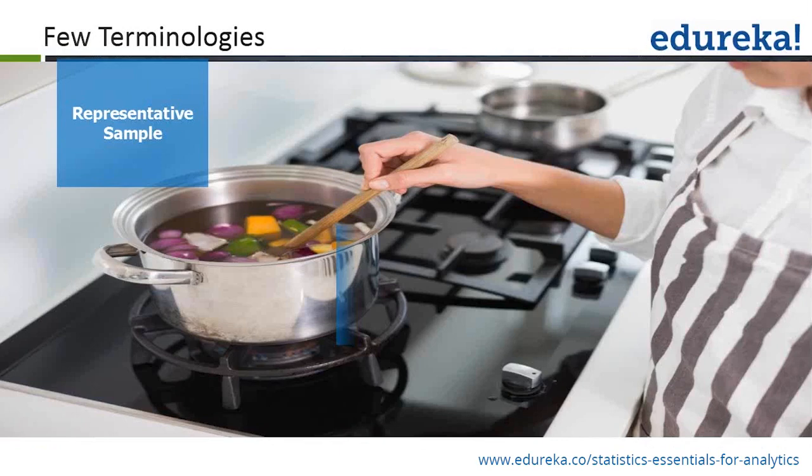So the teaspoon of soup that you take to test, the teaspoon of soup that you took, is called the representative sample. And checking whether the soup has salt in it or not is referred to as exploratory analysis.